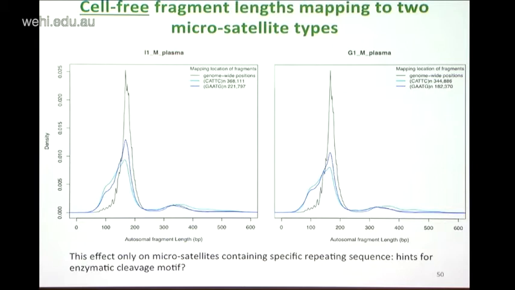So you can immediately see that the fragments that map to these two microsatellite classes are generally shorter than what is expected. Now, there are many different types of microsatellites, but this shifted distribution only occurs at these two types.